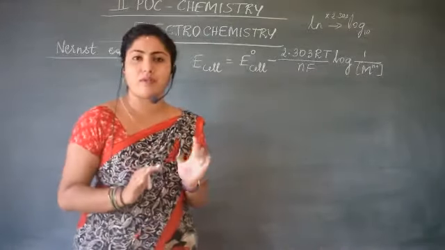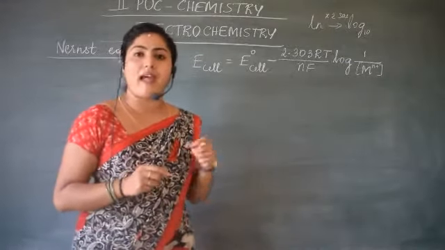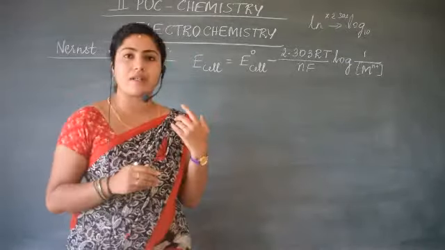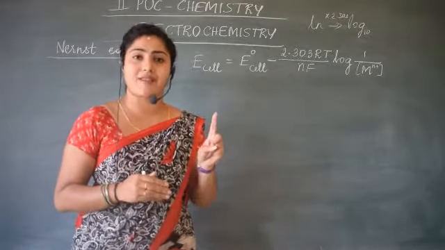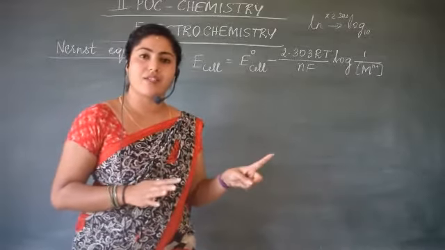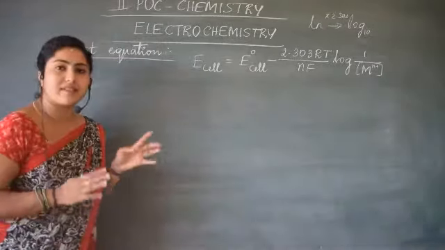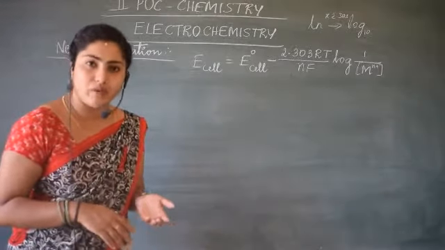This is how you will be writing if they ask you the general equation. Why I am stressing on this is because sometimes they can ask you this for a 1 mark question as the general equation or general Nernst equation. Otherwise, they will ask you to write the Nernst equation for Daniell cell.